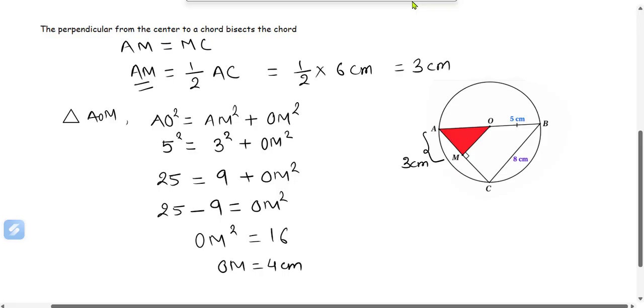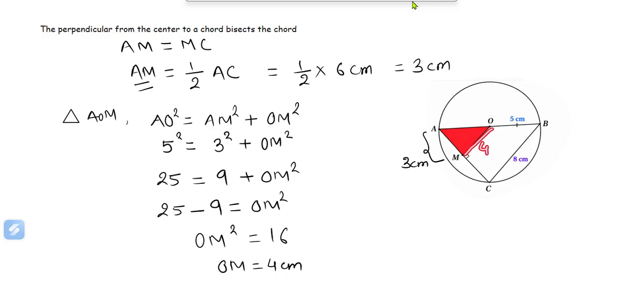Now in this triangle, we calculated this perpendicular, which is 4 centimeter, and the base, which is 3 centimeter. Since you have the perpendicular and base, you can find the area of triangle AOM.